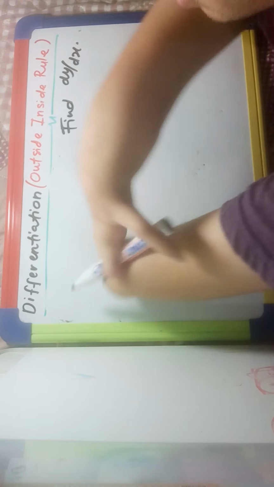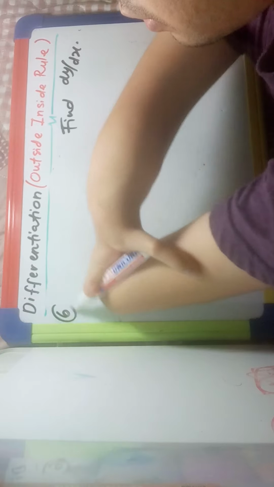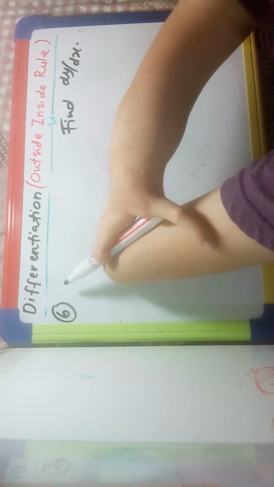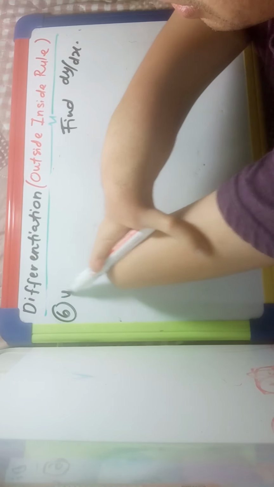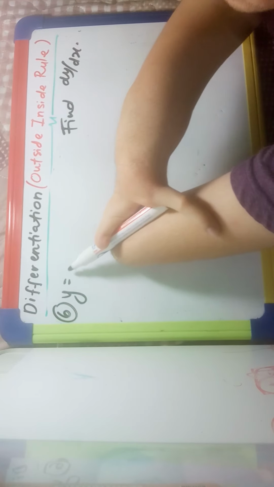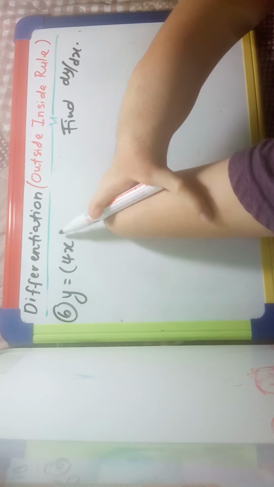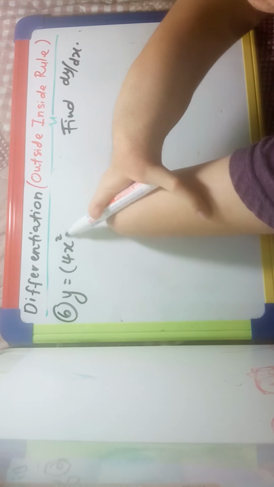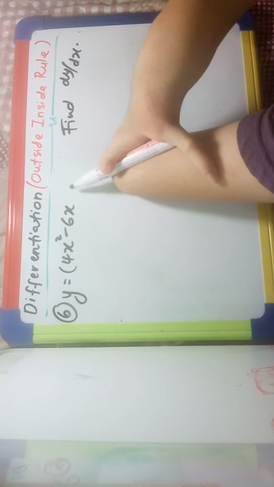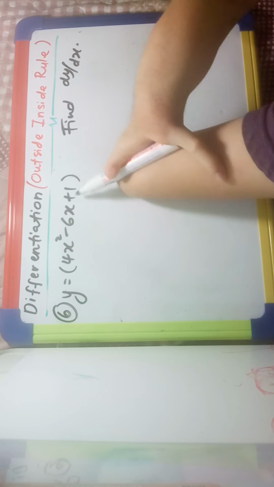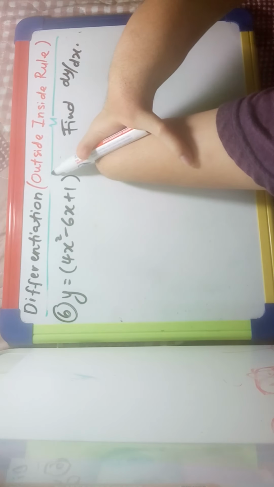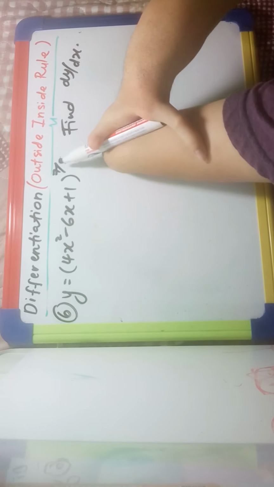What if we have something, example number 6. Y equal to, let's say we make it long, 4x square minus 6x plus 1, to the power of 7 over 3.